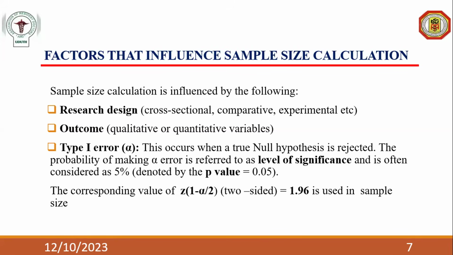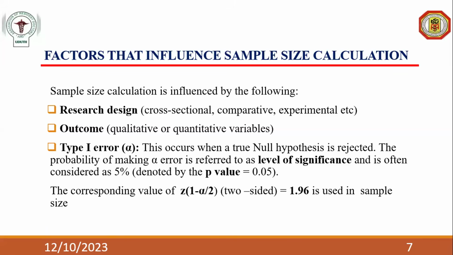So that is our level of significance. This p-value that we are saying, the p-value 0.05, this is what it means. We are only giving 5% chance of having an error in this study. So if you give 5% chance, it's different from the person that will give 10% chance of making error, and it's different from the person that will allow only 1% chance of making error.